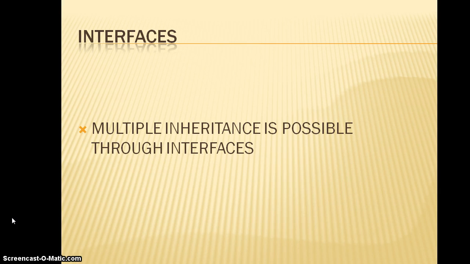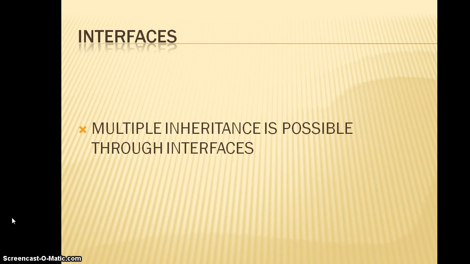All these methods are defined and written in the class itself. But in interfaces, they are only declared. There will be no functionality of add, subtraction. These methods will just be declared in the interface. And when we derive from this interface, there we will be defining and implementing the methods. So multiple inheritance is possible.